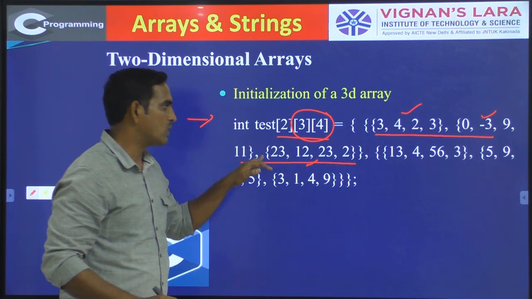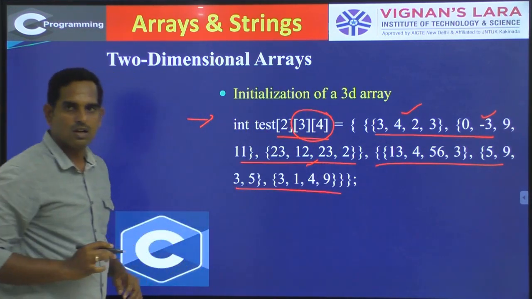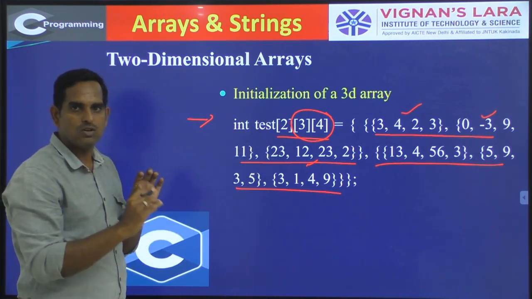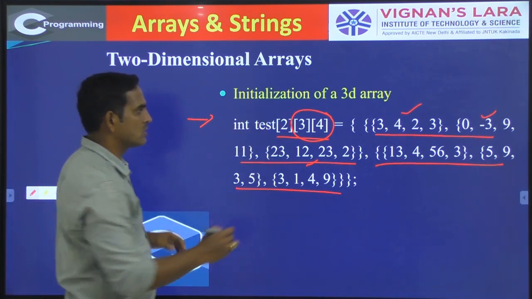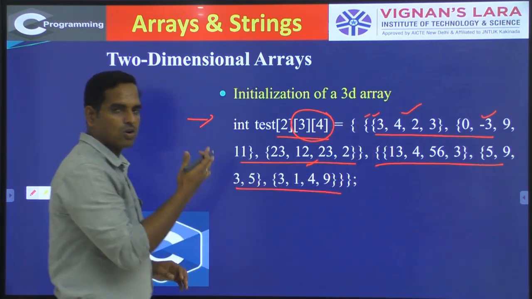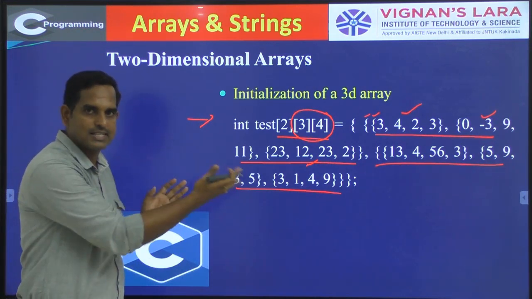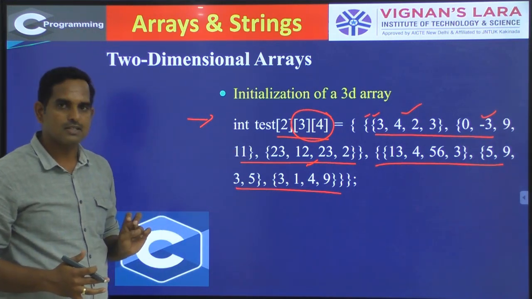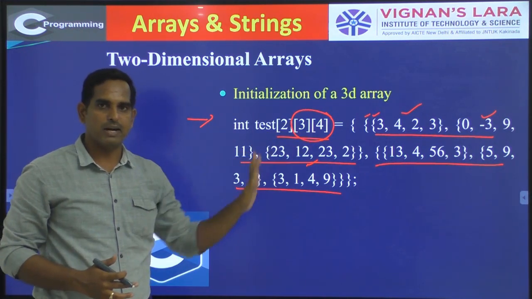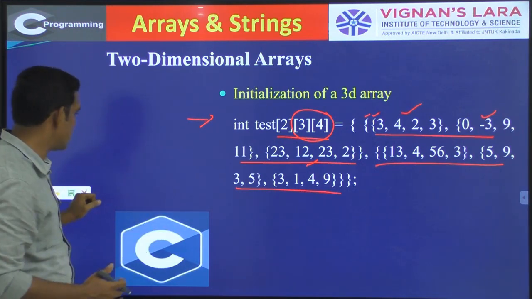This will be the one 3 by 4 matrix. This will be another 3 by 4 matrix. Okay, how to specify all the values based upon the rows you have in your particular plane. So this will represent one plane. This will represent one row, column like that. So you should be able to comprehend how you are initializing these 3-dimensional arrays. So your 3-dimensional arrays will be 2 3 by 4 matrices. So that is how you have to implement your 3-dimensional arrays.